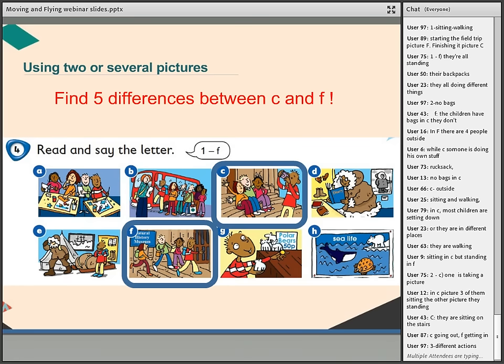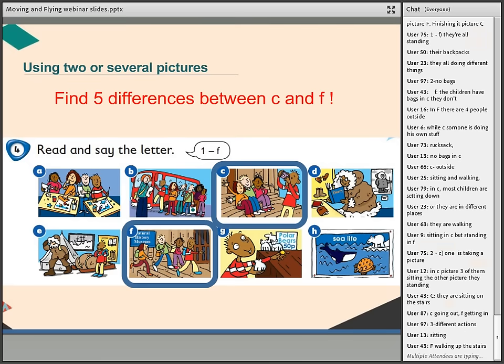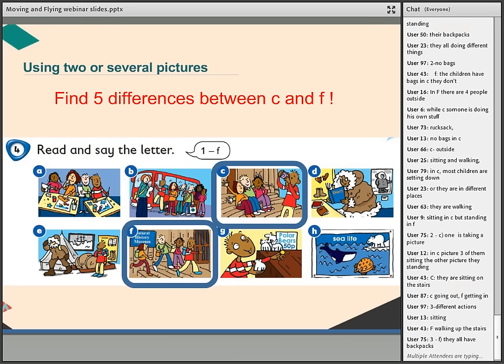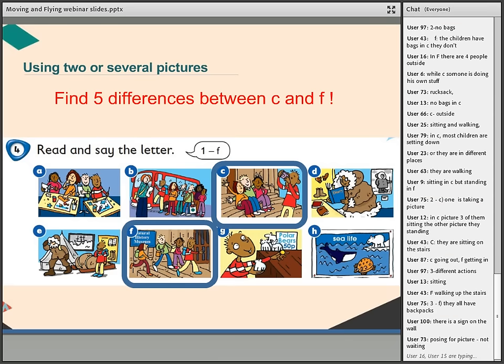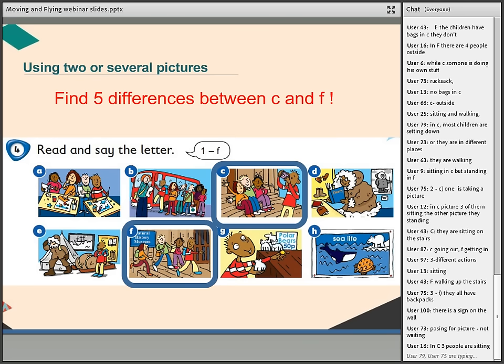Okay, the boy in the red sweater is taking a picture rather than walking. Margaret, there's a sign on the wall.